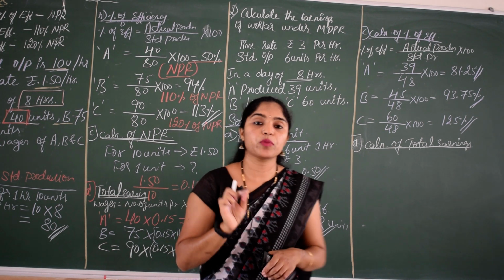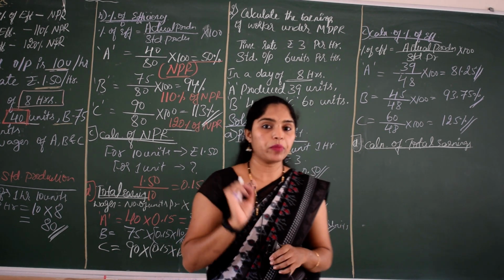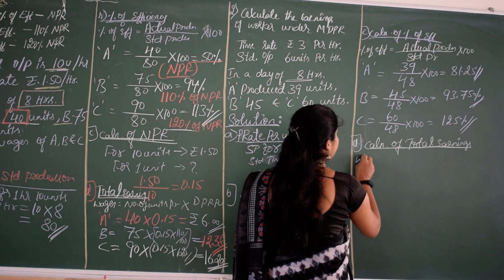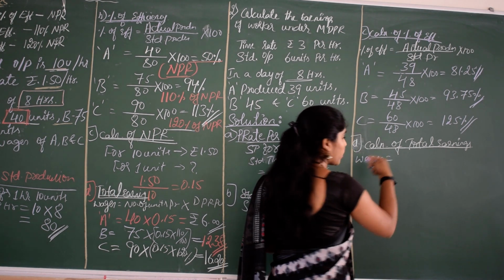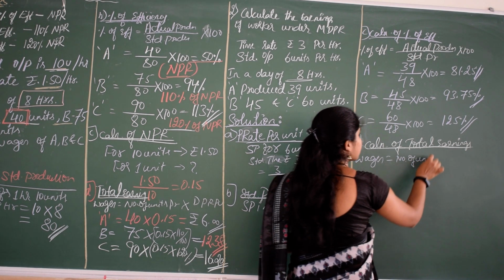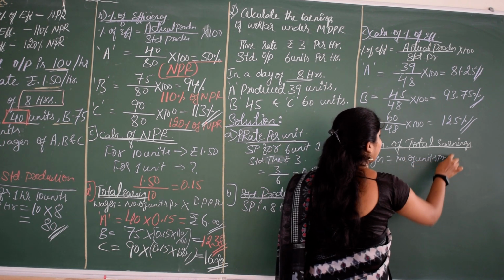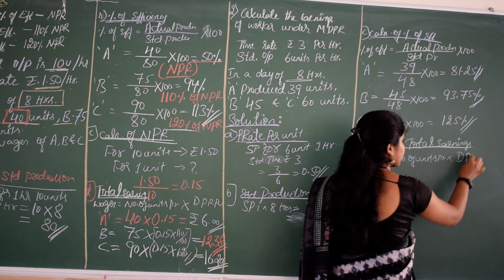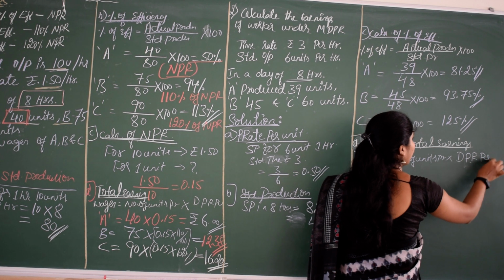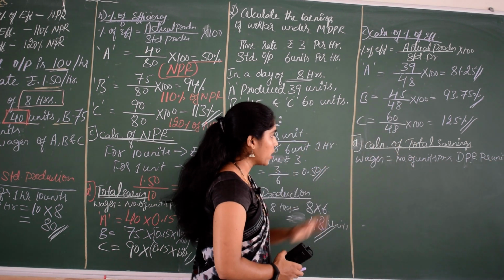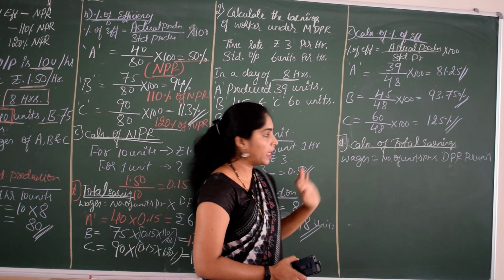Total earnings is equal to number of units produced into differential piece rate per unit. That is our formula. So now let us calculate for each employee.